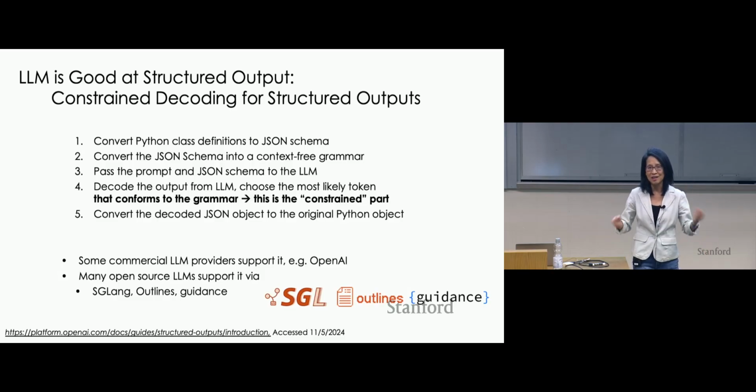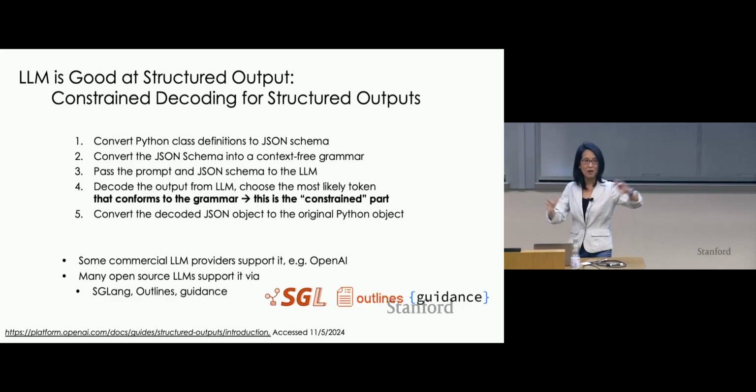Is it too hard? Should I just let it generate natural language? And the answer is you don't have to worry about it. It is actually really good with putting the information in the form that you can then go and process using a program. So you're just asking the LLM to do this? No, I'm just telling you how it is done inside.